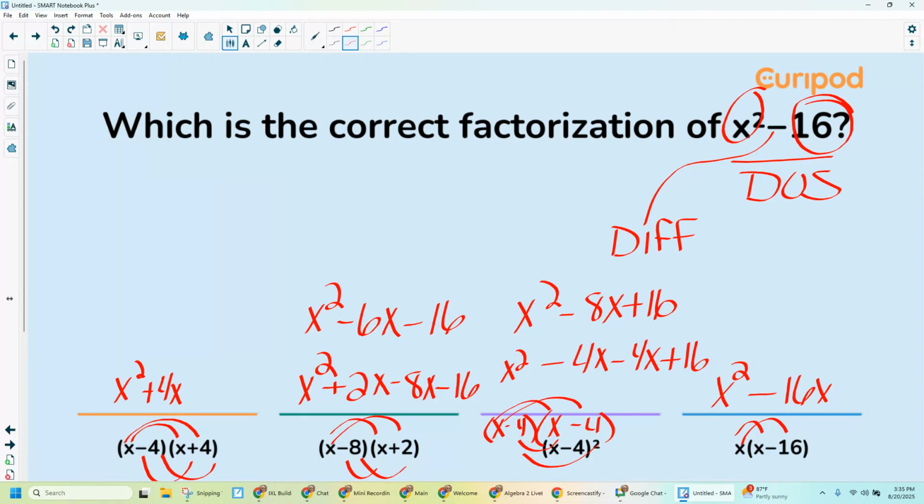Negative 4 times x is negative 4x, and negative 4 times 4 is negative 16. Combining like terms, the two middle ones will cancel each other out, leaving me with x squared minus 16. So this is the correct factorization of x squared minus 16. Knowing those differences of squares and being able to recognize them is going to be really helpful when you're trying to work these rational expressions.